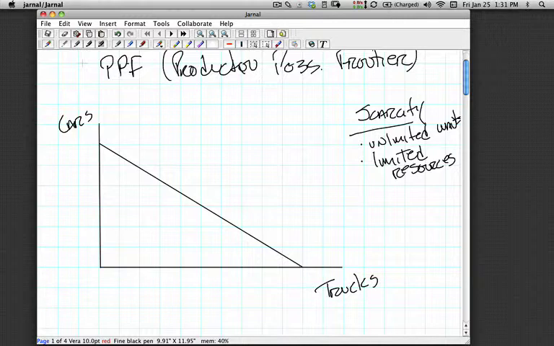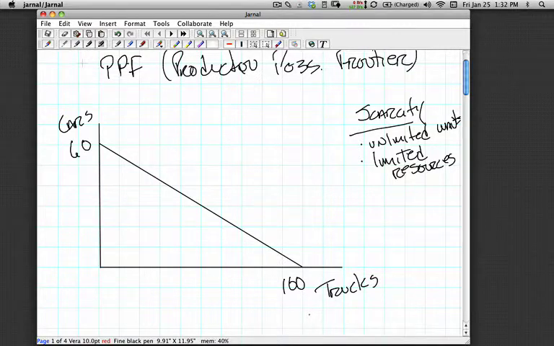And so in this case, our company would be able to produce either no trucks and 160 cars, or no cars and 100 trucks. Okay? And that suggests that given their resources, they could produce that combination, 0 trucks and 160 cars, or 0 cars and 100 trucks.